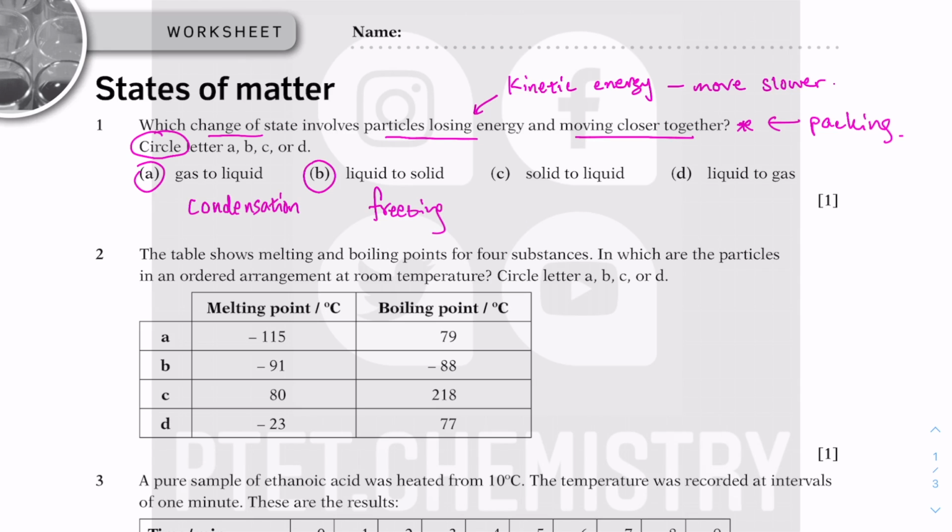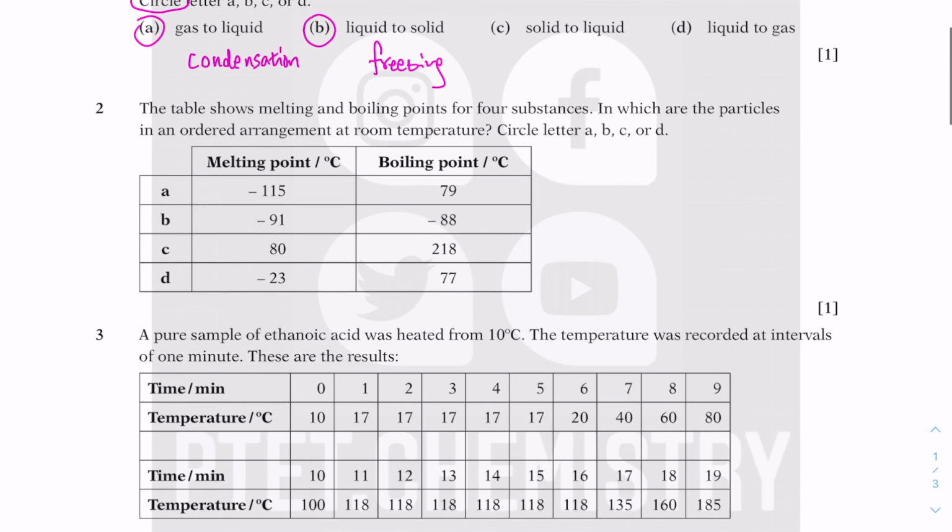But not solid to liquid, because from solid to liquid your particles are getting further and further apart, and in fact their kinetic energy increases, so they move faster and further apart. Same deal with liquid to gas as well. All right, so let's change the ink here.